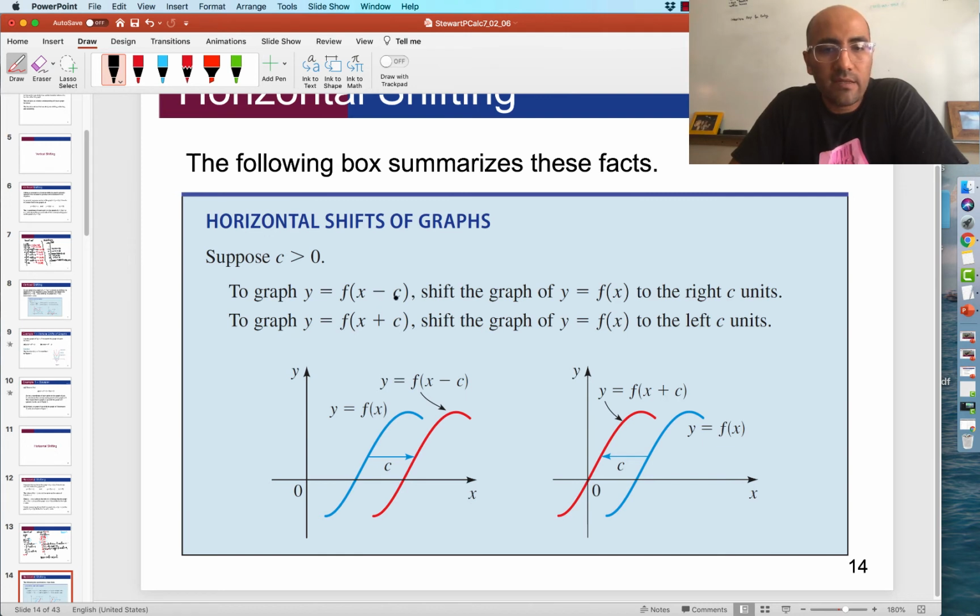When we subtract a constant that's positive, say like minus 3, then we're really going to the right. And when we add a constant that's positive, then we're really going to be going to the left.